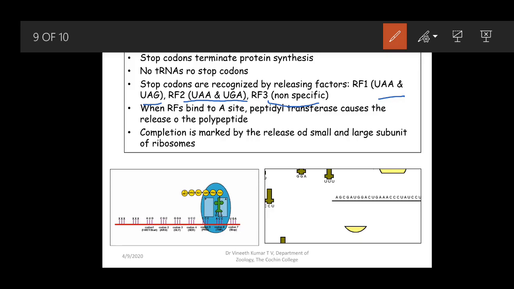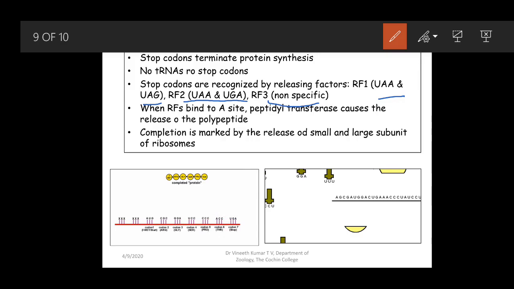Now the P site has a long polypeptide chain, and usually, if there is another codon, this long chain would be transferred to the A site. Now it cannot be transferred, because instead of a tRNA, you now have a releasing factor there. The same enzyme, peptide transferase, which causes peptide bond formation, causes the cleavage of the polypeptide from the tRNA.